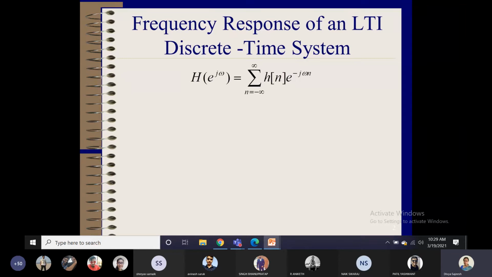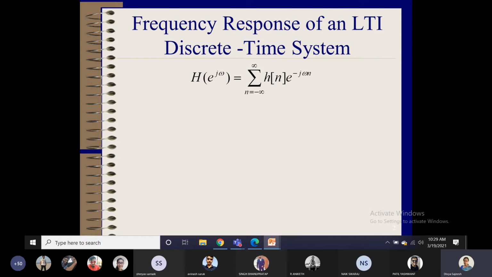That much only we have learned so far. So we understood that H of e raised to j omega is the frequency response of the system. Our transfer function gives the entire characteristics of the system, and with that transfer function we obtained the solution in the Z domain. Now we are going to study the frequency response of the system with the help of that H of e raised to j omega.